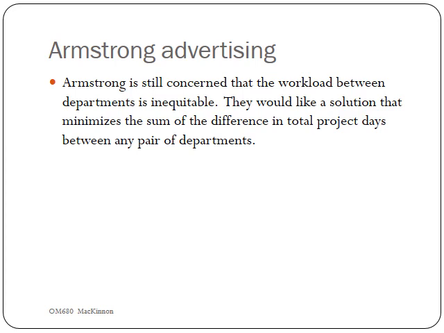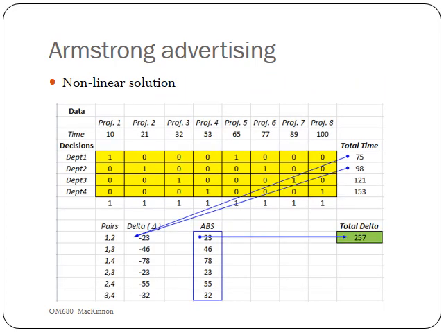They're still concerned that the workload between the departments is inequitable. They would like a solution that minimizes the sum of the differences in total project days between any pair of departments. Okay? So, here's the nonlinear solution.